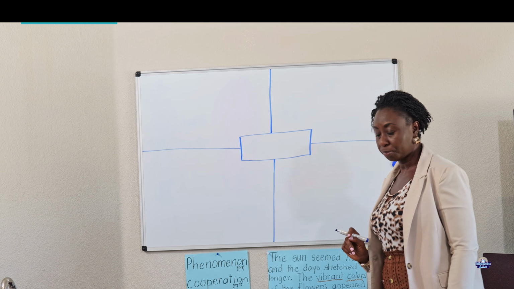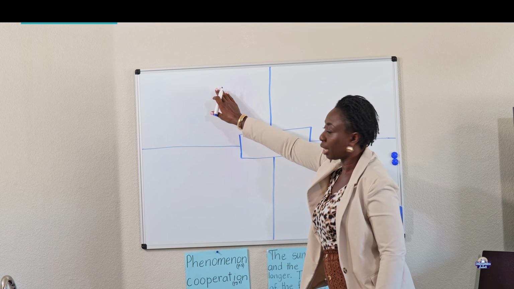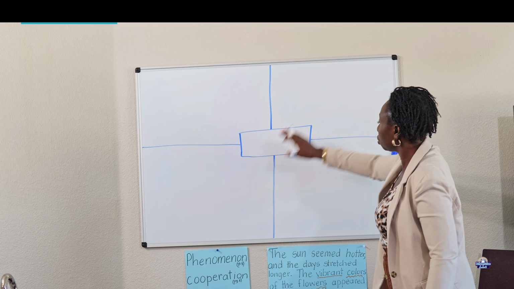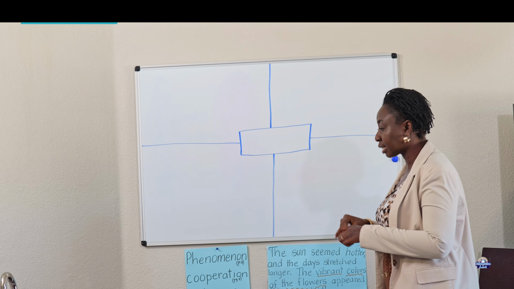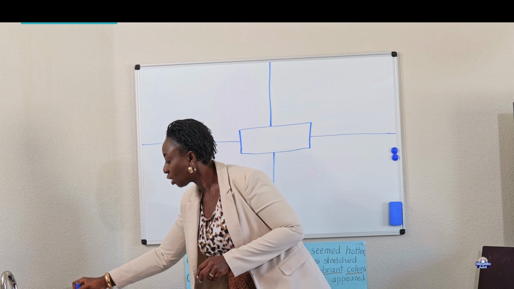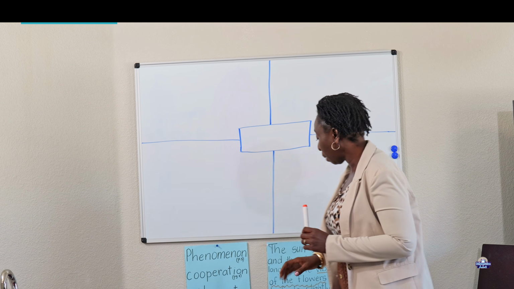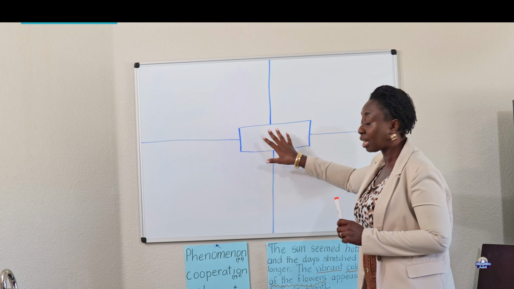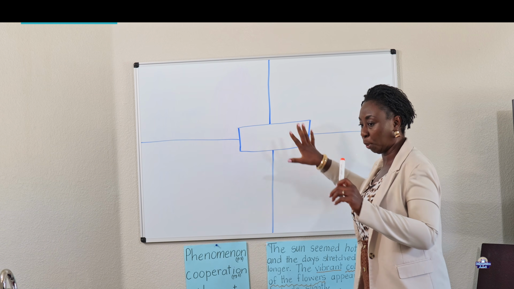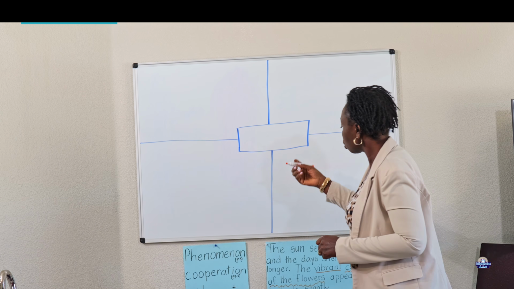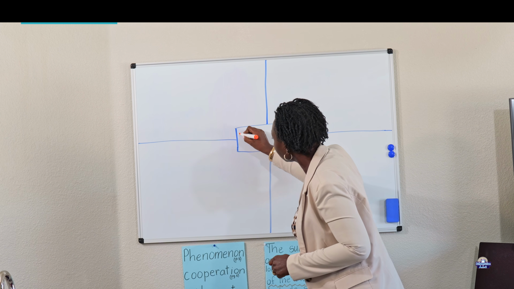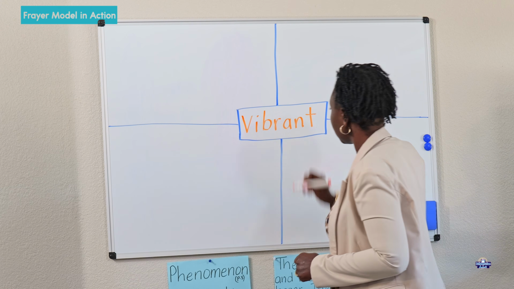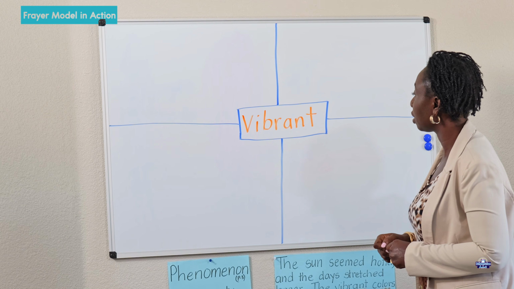Is it clear? Yes. So let's count the parts we have: 1, 2, 3, 4. Excellent. Now, I am going to add my word to the center because this word is what I'm going to explore. So I'm going to add the word to the center, vibrant.